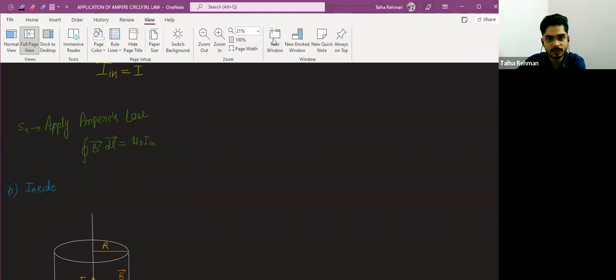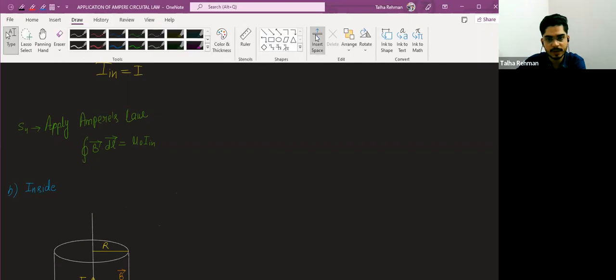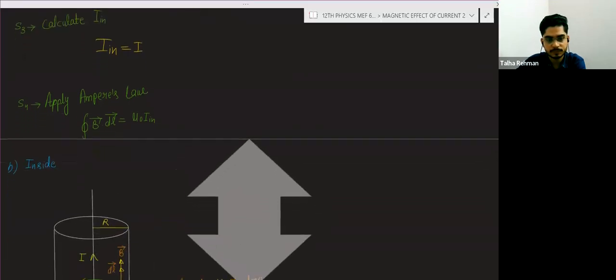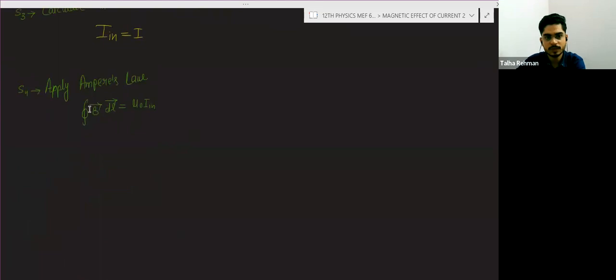You will now apply Ampere's law: B dot dl is equal to mu naught into I in.